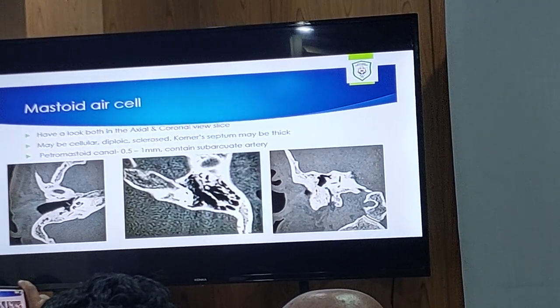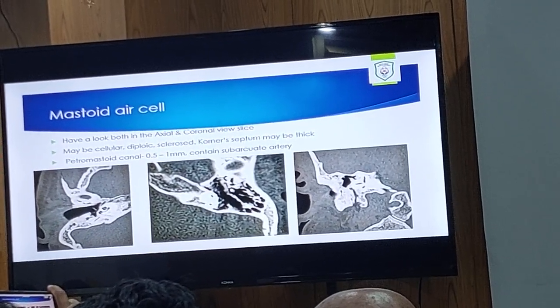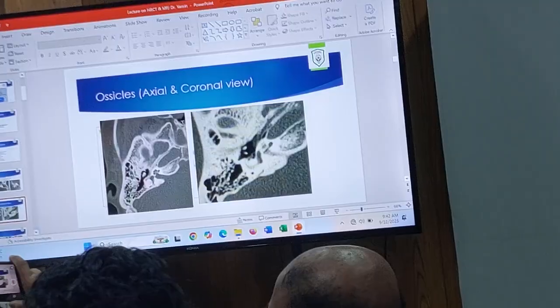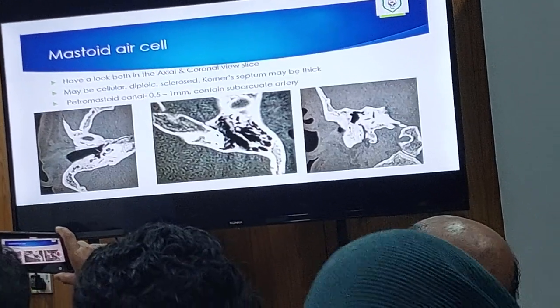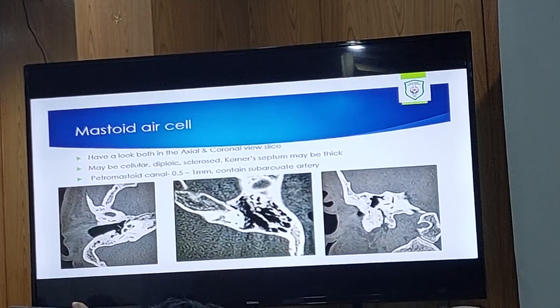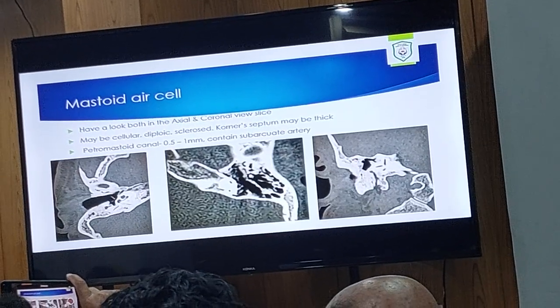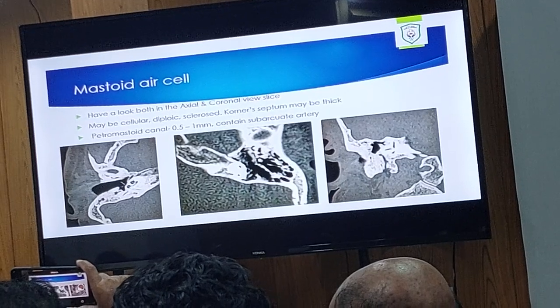In case of doing cortical mastoidectomy, sometimes this Korner's septum, this is the Korner's septum. For beginners, if the Korner's septum is thick, they sometimes fail to reach the mastoid antrum.